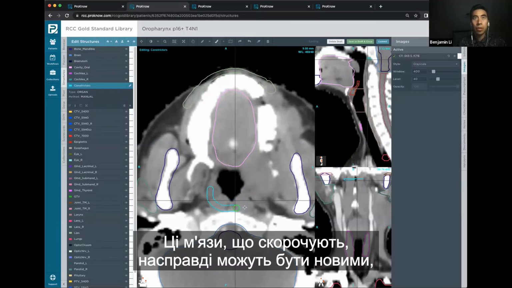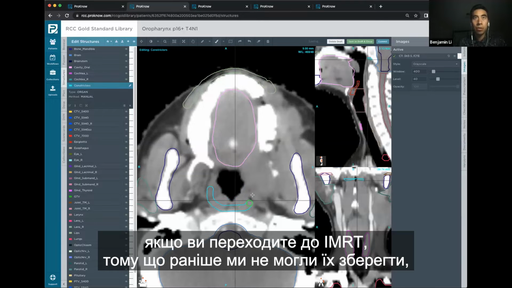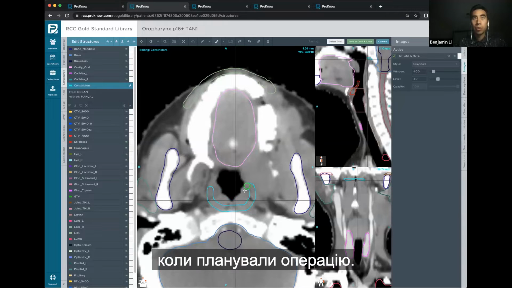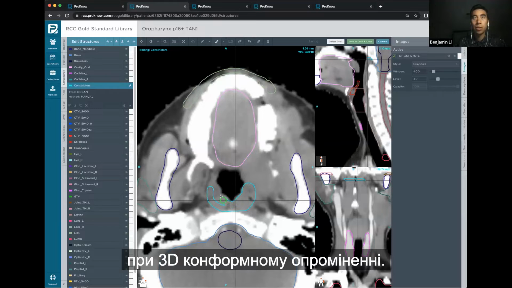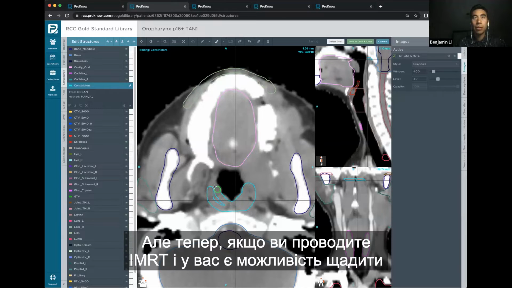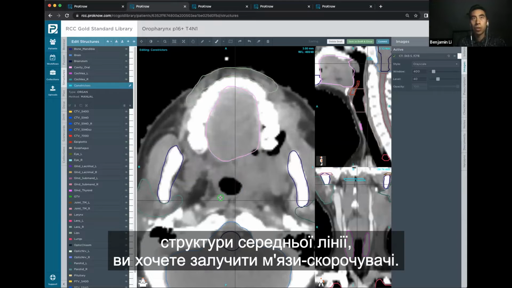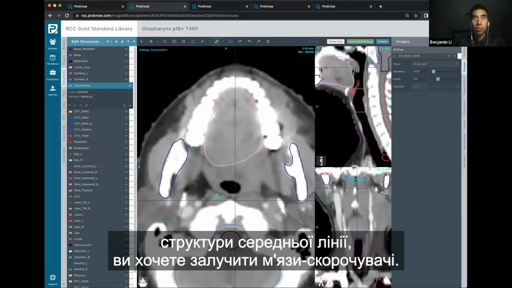These constrictor muscles actually might be new if you're transitioning to IMRT, because we used to not be able to spare this when we were doing our planning. It was very hard to spare midline structures with 3D conformal radiation. But now if you're doing IMRT and you have the ability to spare midline structures, you want to be drawing your constrictor muscles.